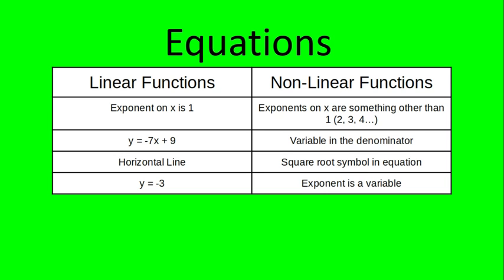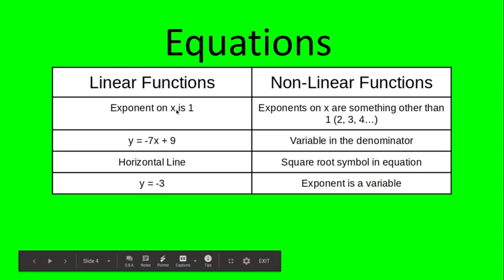A horizontal line would be a linear function, for example, y equals -3. Vertical lines are not linear functions because they are not functions. When you have an x equals line, your input, your x value, is the same all the way through. It is not a function. So that's why vertical lines are not written here.